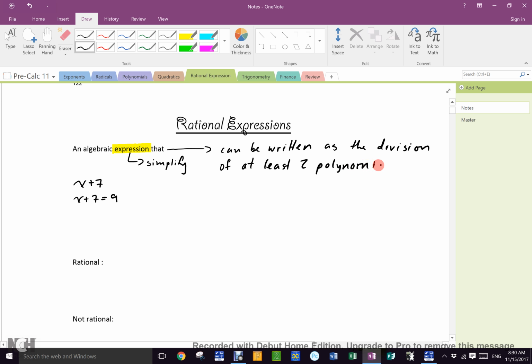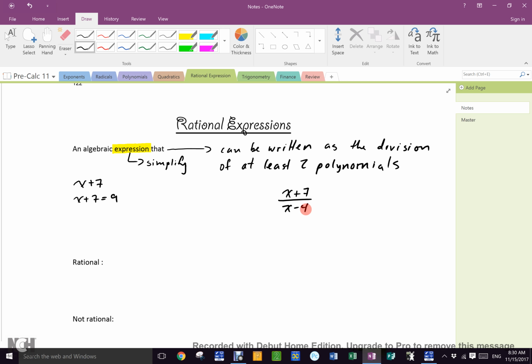So what we are dealing with here are things that look like this. Cool? Binomial divided by a binomial. That's what we're going to be dealing with.